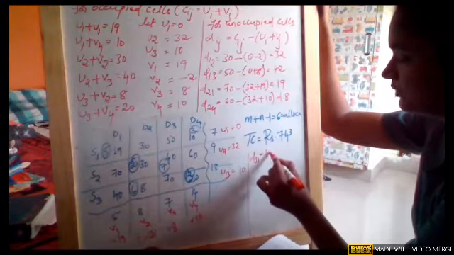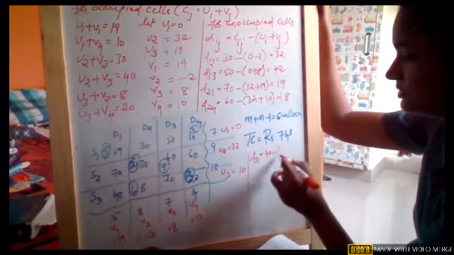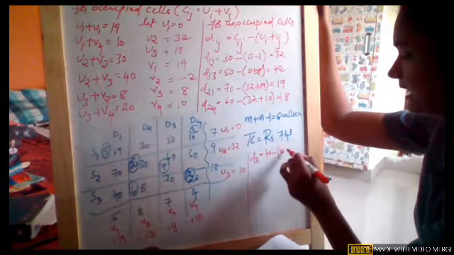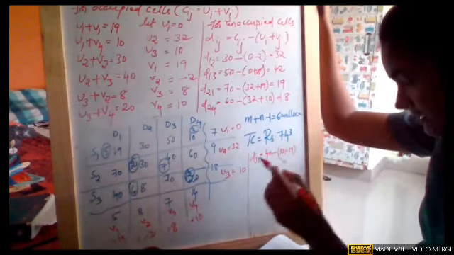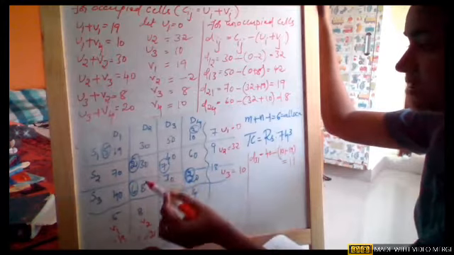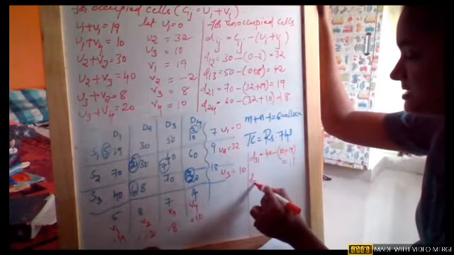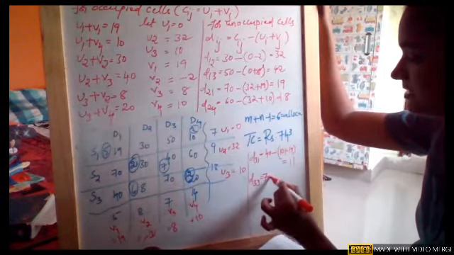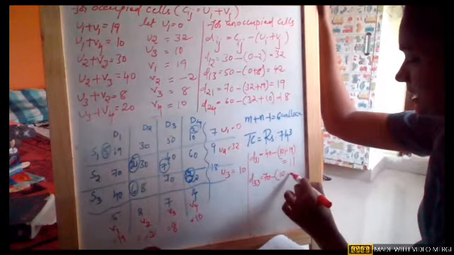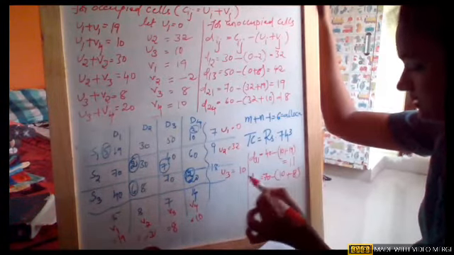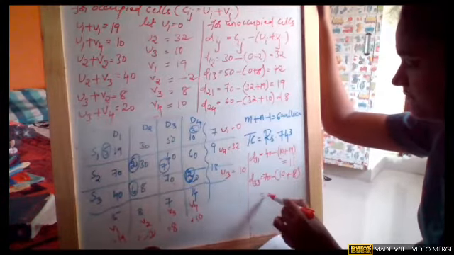The cost is 40 minus U3 value 10 and V1 value 19. 40 minus 19, D31 value is 11. The last unoccupied cell is D33: 70 minus U3 value 10 and V3 value 8. 70 minus 18, which is 52.